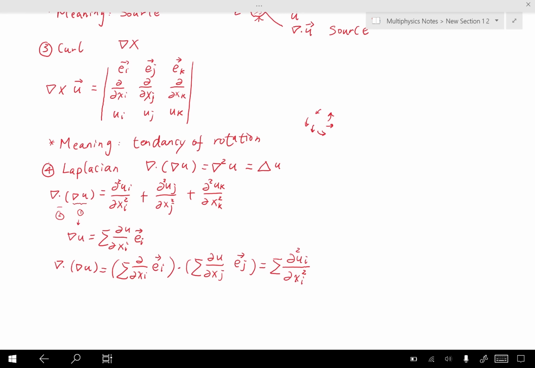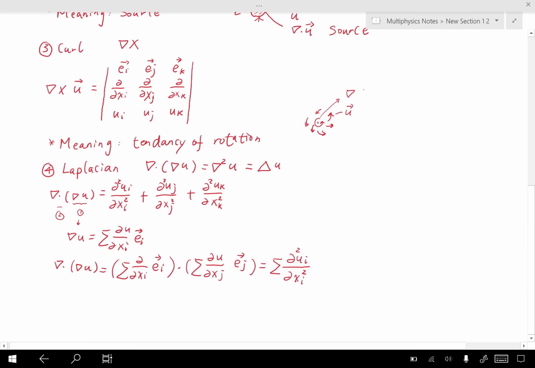And for curl, the meaning is tendency of rotation, because if you think about water movement, we know that sometimes we have a vortex. So something in water moves around one point. If we do a curl of a vector, for example the velocity field, then what we get is the tendency of rotation at every point in that field.